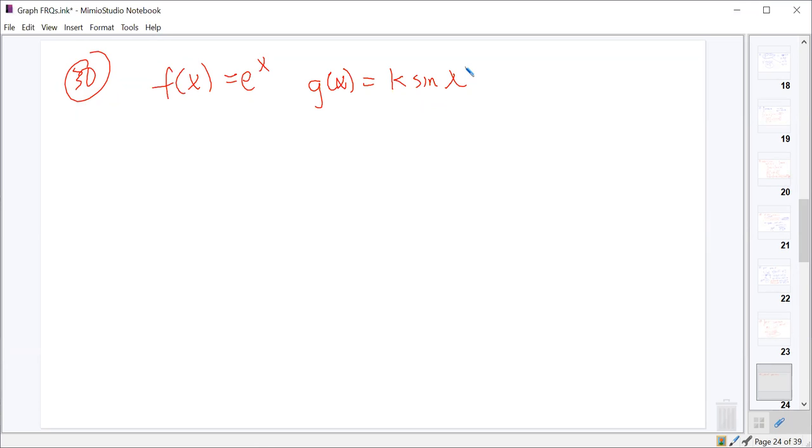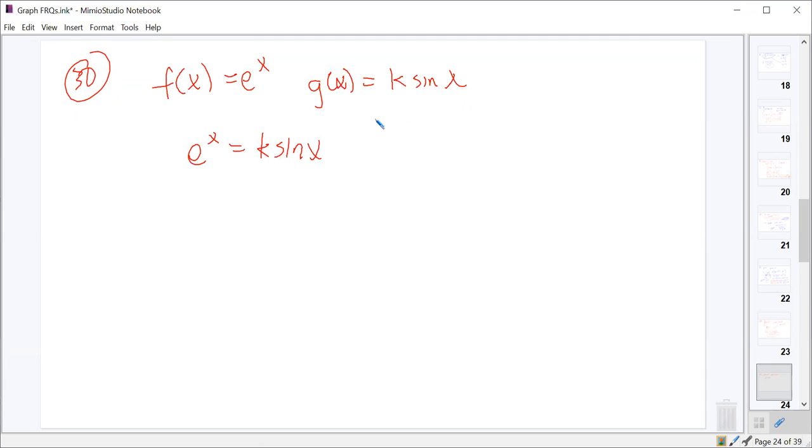First off, we know that they need to equal each other at that point. So we know that e to the x needs to equal k sine x. And we also need their slopes to be equal there.